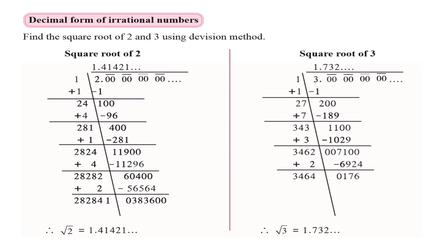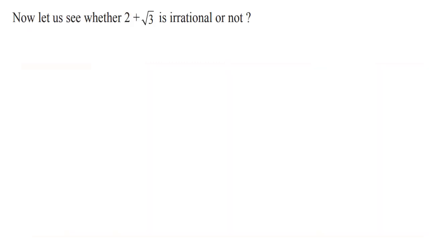That's it. Okay. Now let us go further to see whether the addition of a rational and an irrational number is rational or irrational. So we will take the example 2 plus root 3.